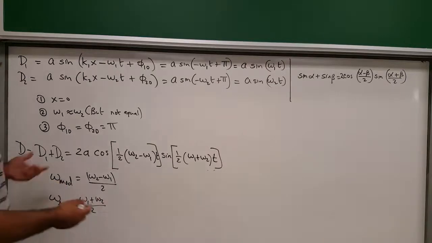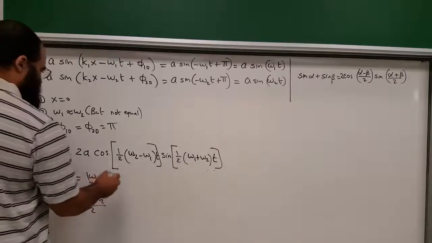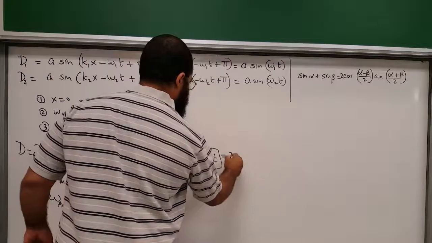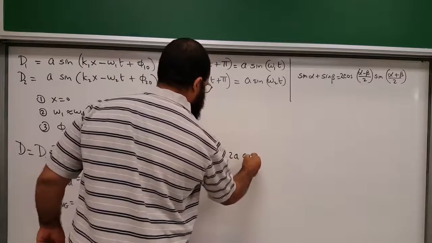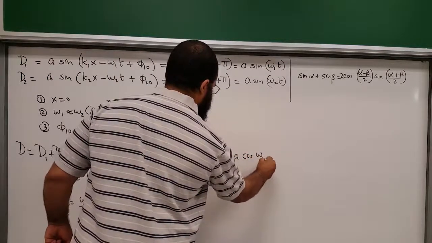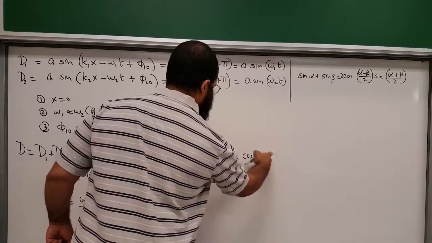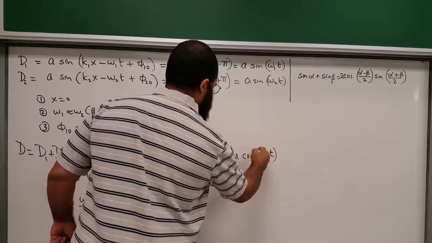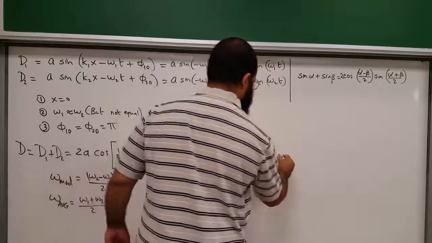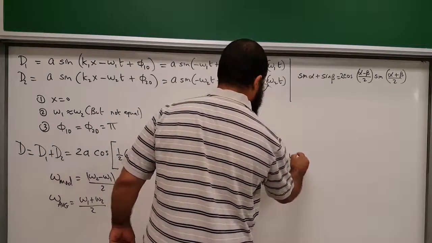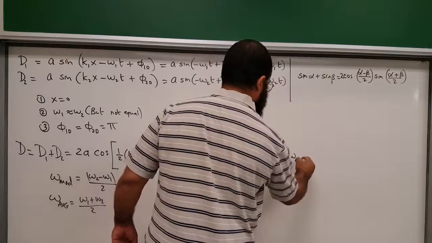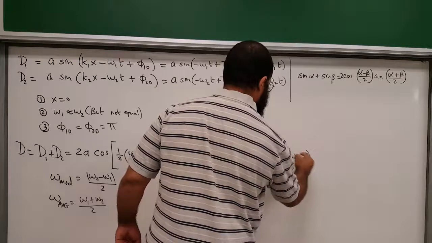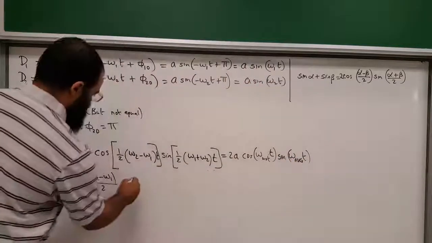And so people can also write this briefly as 2a times the cosine of omega mod times the time, and the sine of omega average times the time.